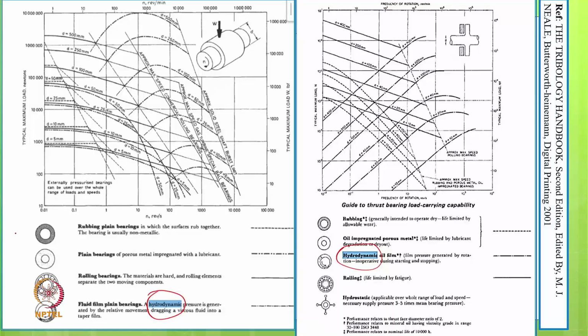He mentions a rubbing bearing, a plain bearing with porous metal that holds some lubricant, rolling element bearing, and full plain bearing. Coming to the thrust bearing, there is the rubbing bearing, oil impregnated porous bearing, hydrodynamic bearing, rolling element bearing, and one more, the hydrostatic bearing. So these are the data available.